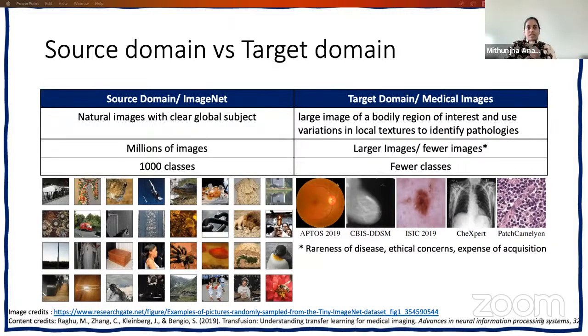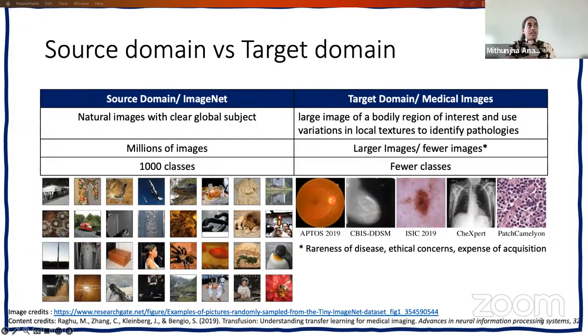But there is a clear distinction between the source domain and target domain, right? From now onwards, the source domain is always ImageNet and the target domain is always medical images. When you consider ImageNet, the images are natural images with a clear global subject. In this image, you can see spiders, penguins, a clear global subject.